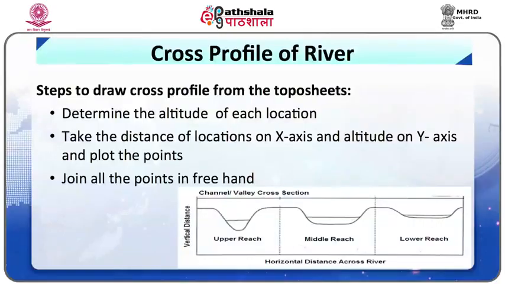Second, mark a sufficient number of locations on the line. Third, determine the altitude of each location. Fourth, take the distance of locations on x-axis and altitude on y-axis and plot the points. Fifth, join all the points in freehand.